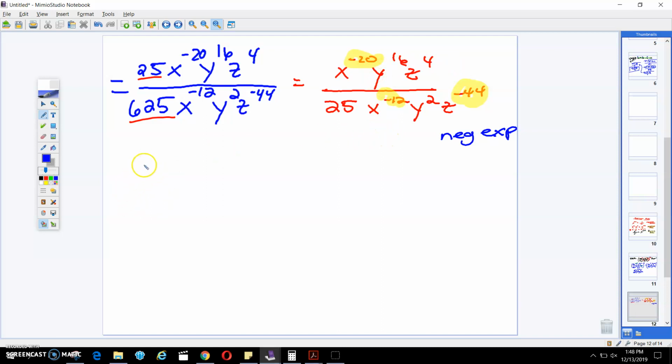So that's going to give me y to the 16th, z to the 4th, c to the 4th, x to the 12th, z to the 44th, over 25, y to the 2nd, x to the 20th. So all I've done is everything that was yellow over here, I flipped it to the other side of the division line, and everything else stayed the same.